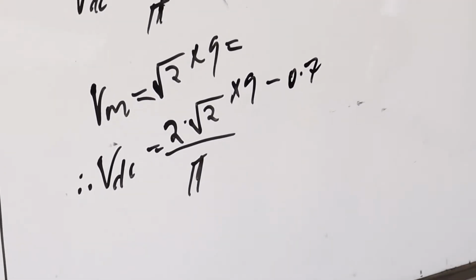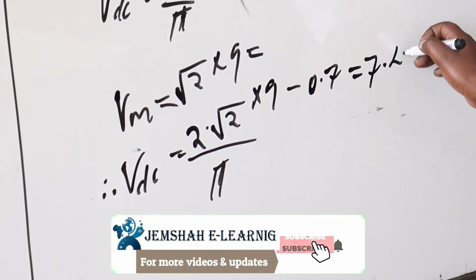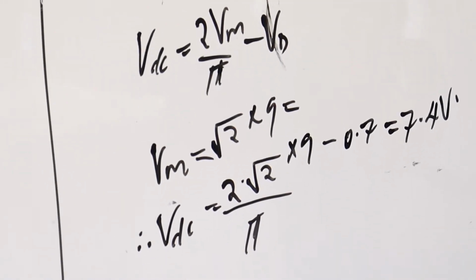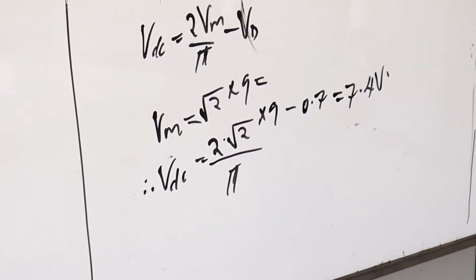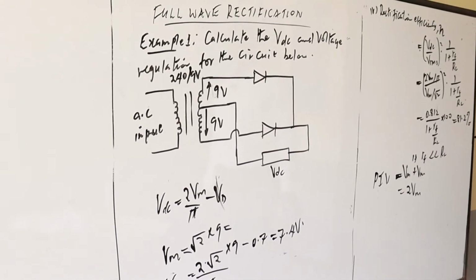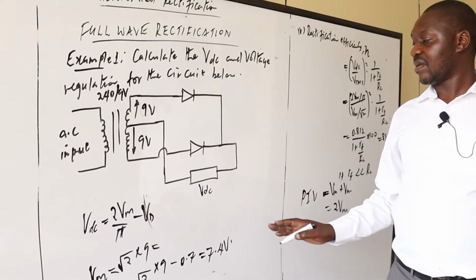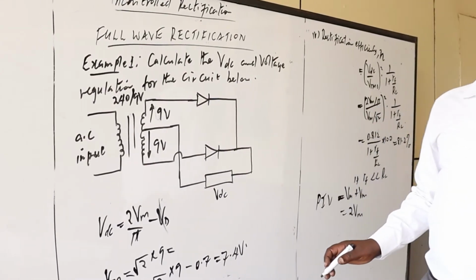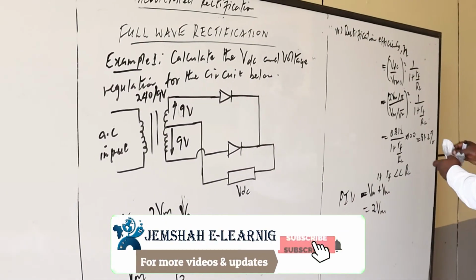It gives us 7.4 volts. So that is the voltage across the load. Now, to get the no load voltage, we shall get the VDC assuming that there is no voltage drop across the diode junction. So now we talk of VDC no load.